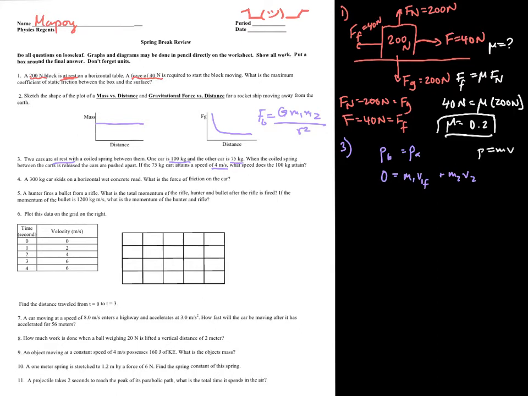So we need to break up our total momentum after into each of the 2 objects. Okay. So 100 kilograms times v1f, which we don't know, plus the other car, 75 kilograms, times 4 meters per second. So v1f equals 3 meters per second.